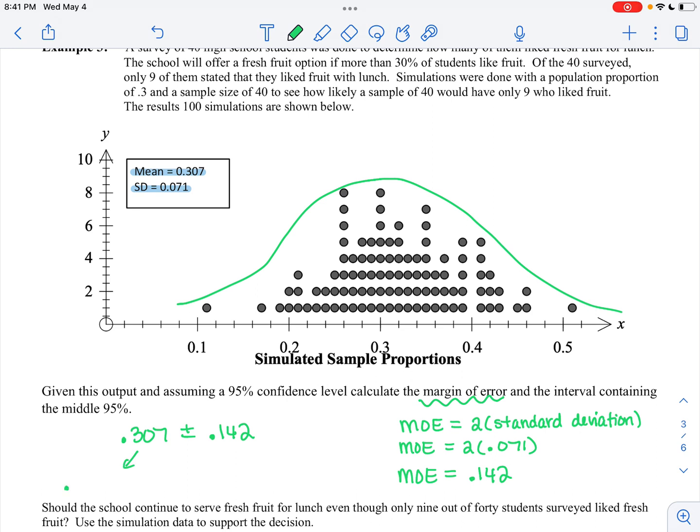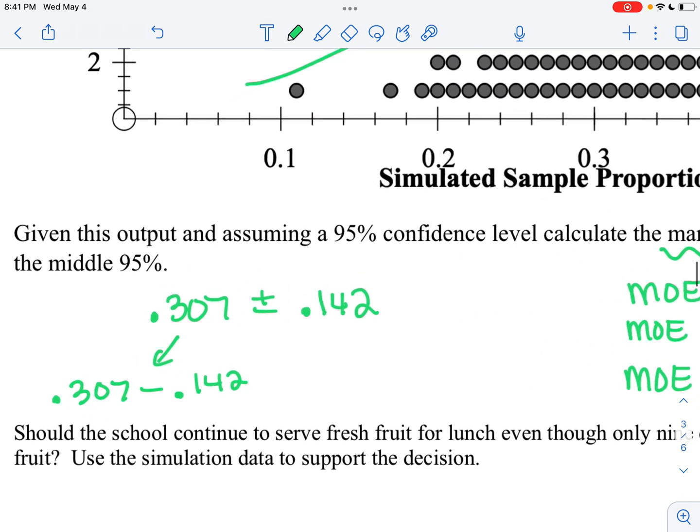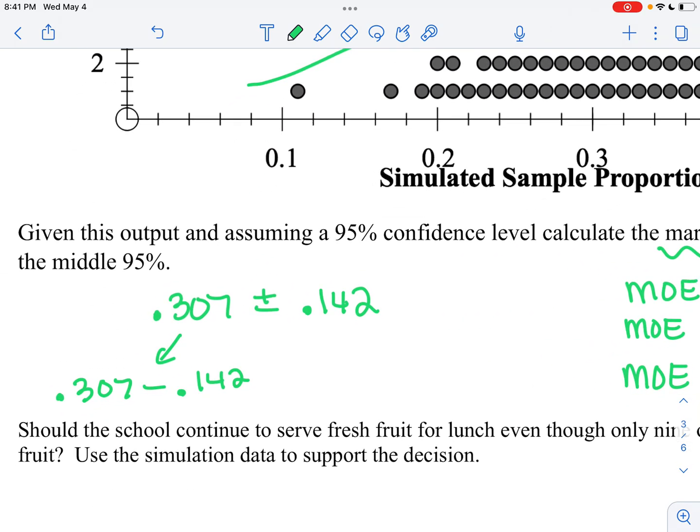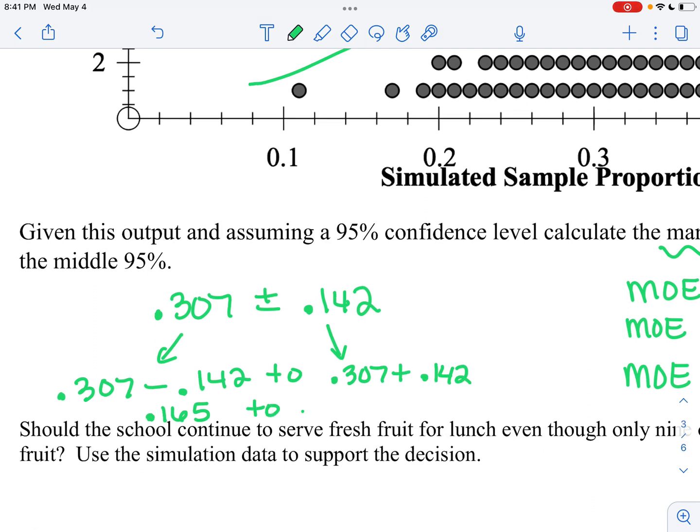We subtract 0.307 minus 0.142. We should get 0.165. Now let's add it: 0.307 plus the margin of error. So the interval is 0.165 to 0.449.